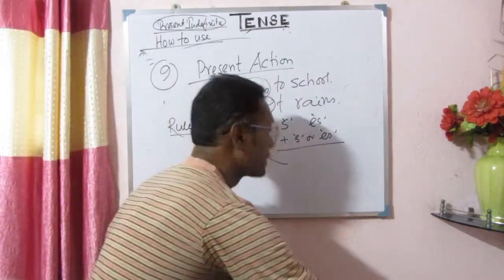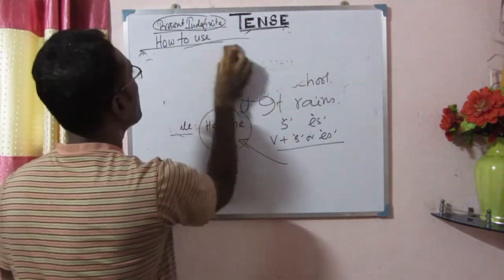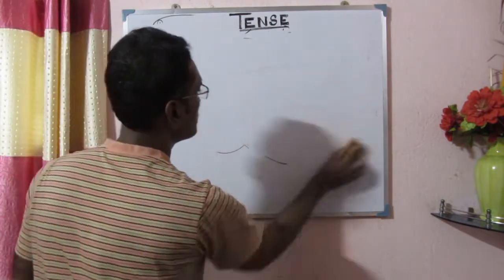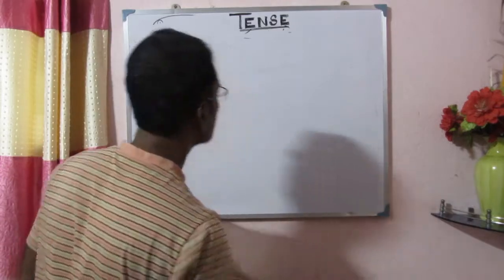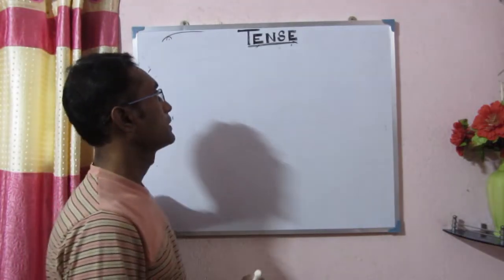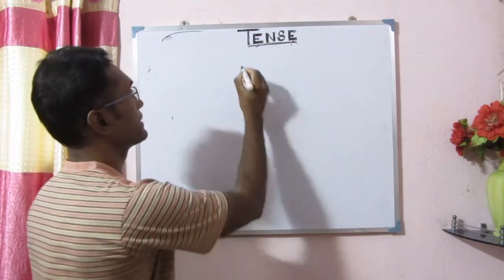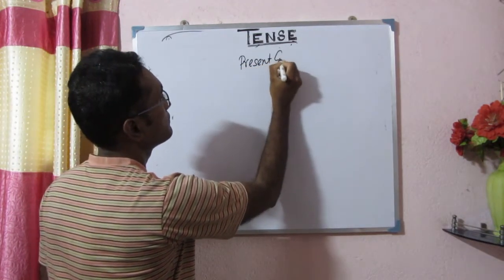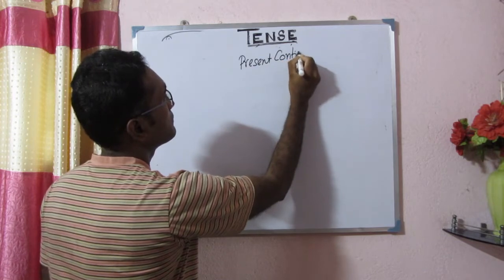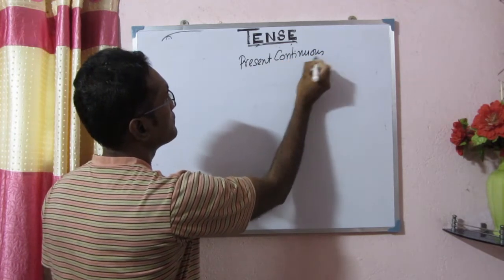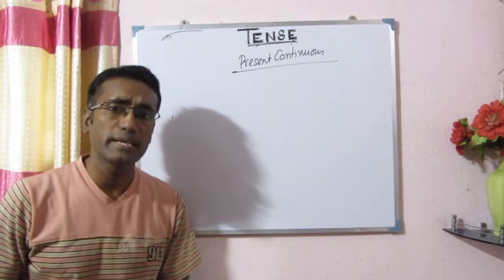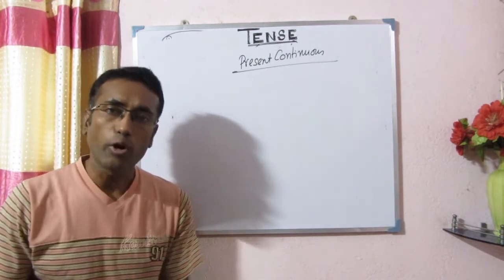Okay. Next is your present continuous tense. So what is present continuous tense? Present continuous tense is the action going on at present.